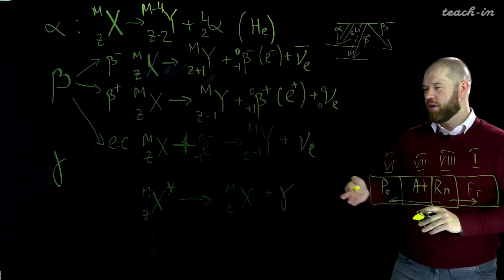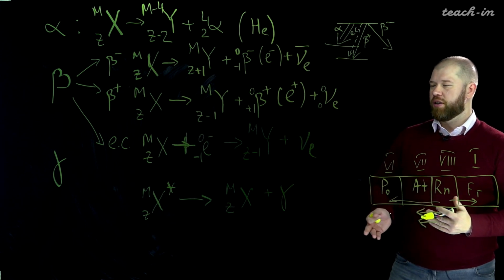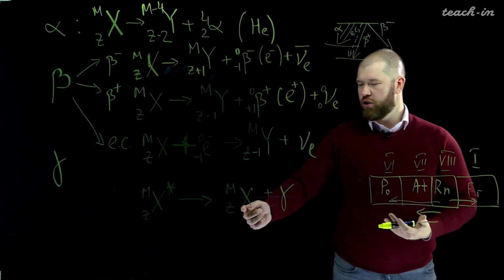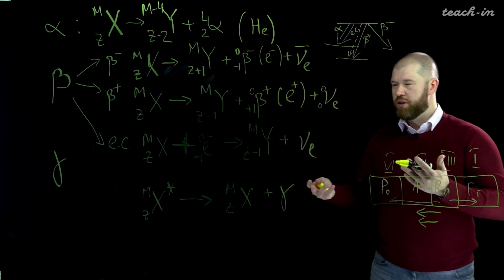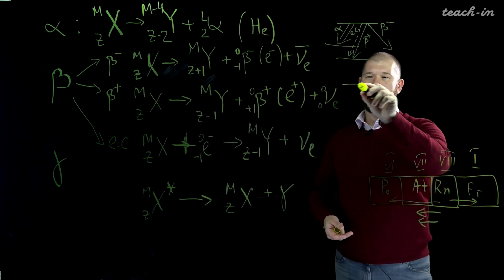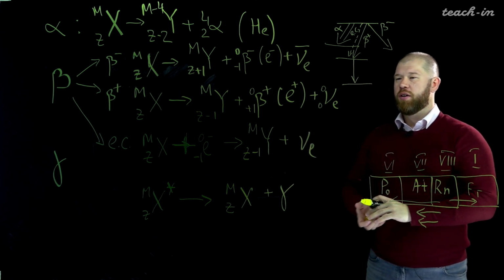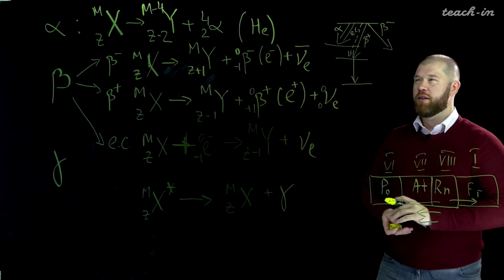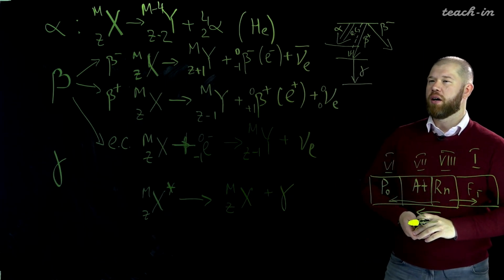And for gamma decay or gamma transition, as far as there is no change in charge or in mass, it is the same element, the same nuclide. Thus, the line is directed straight downwards. So it's just a gamma transition.